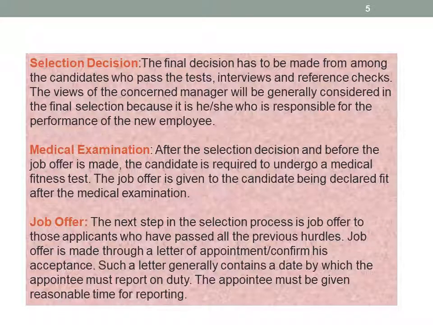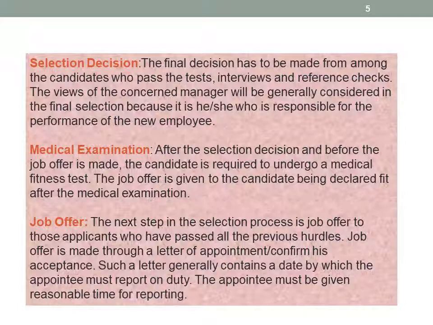Now, selection decision. To recall: preliminary screening was done, then various tests were there, then the interview was there, and now the reference and background check.